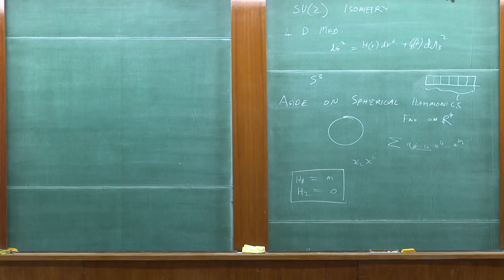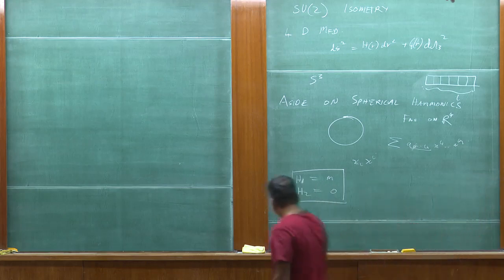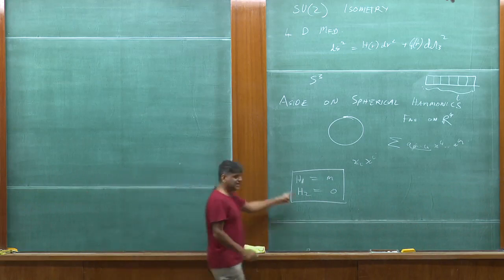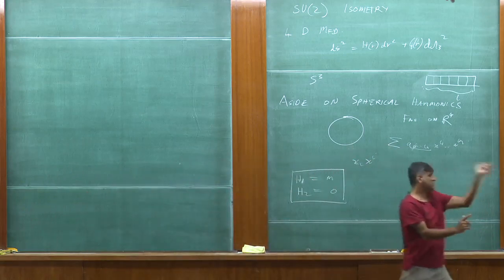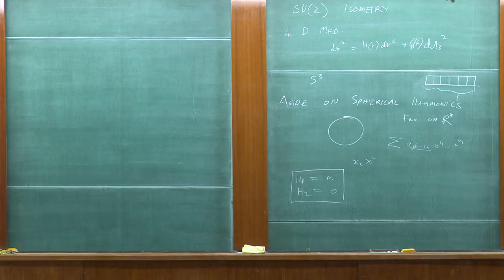Okay? Now, I've been labeling representations with this H1 and H2, which are these Cartans, these rotations in the two planes. But precisely for SO4, it's sometimes useful to label it under SU2 times SU2.